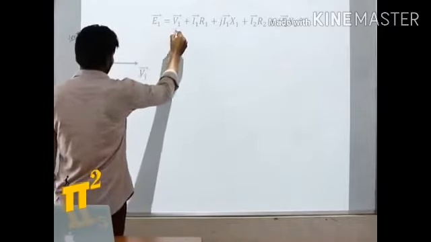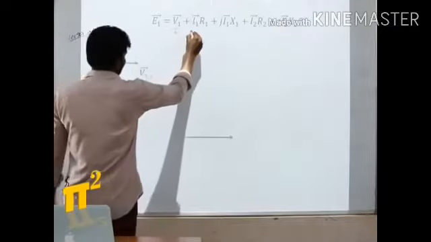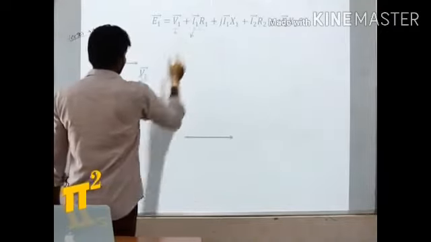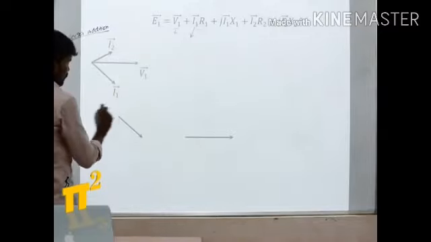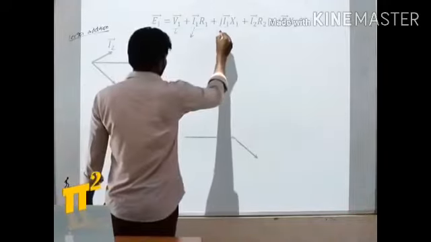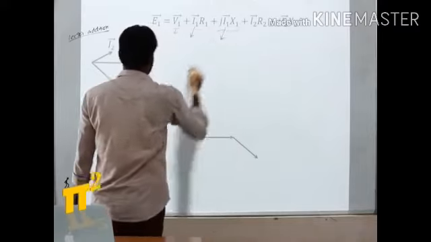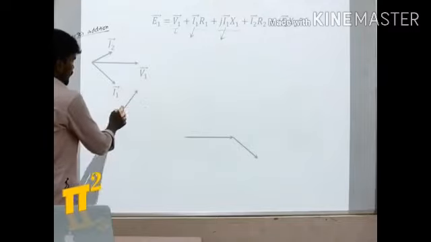First term, V1. Let's take V1. Second term, I1 multiplied with R1. Then next, this term, here I1, let's take I1 and multiply with X1 and rotate, add it.